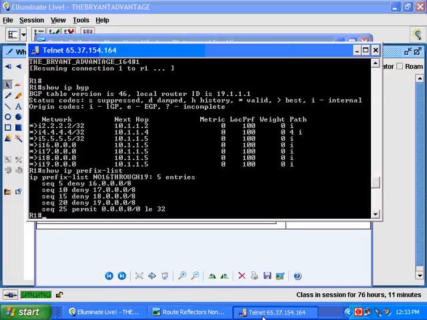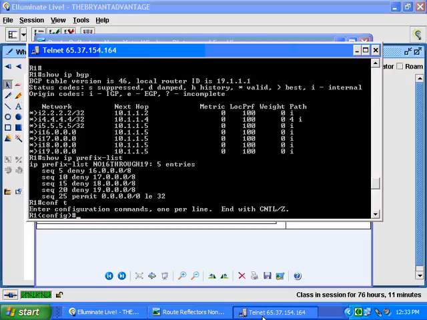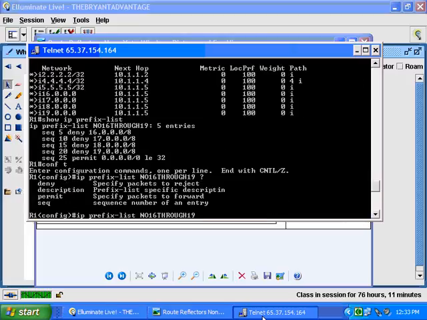So what we could do there is just add to the same list and let's use our iOS help to show us what's going on. We're going to put a sequence number right here, and we'll call it 2 because we want this to be the first line. It's got to be the first line to take effect.